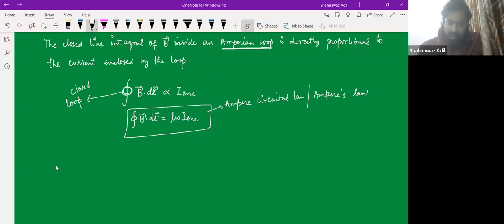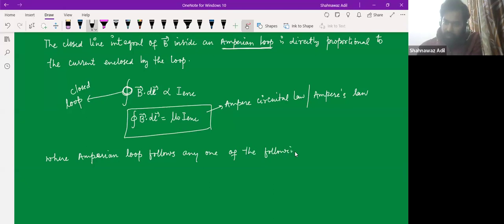So this Amperian loop follows any one of the following properties.